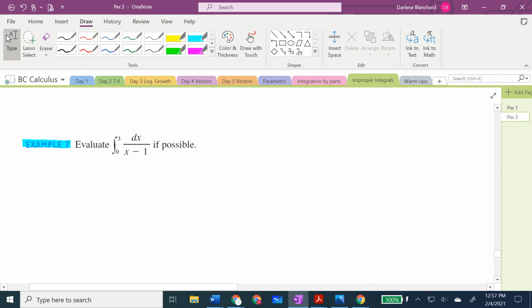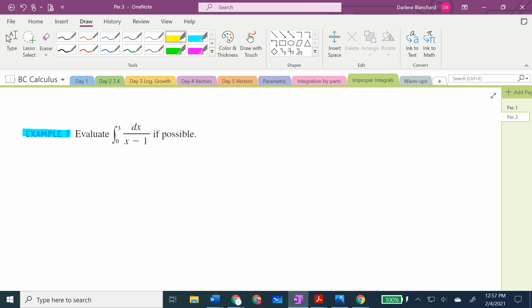Then I've got a little more. So I want to make sure to talk about an interior discontinuity. This has a discontinuity at x equals 1. I have to first split this up at the discontinuity.